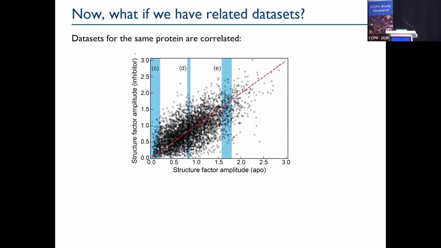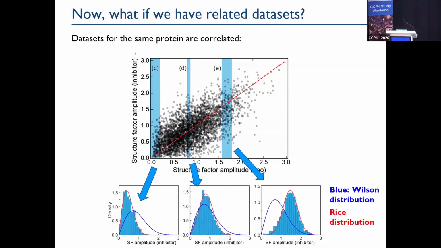So here's a simple example. We have structure factors of a PTP1B crystal in the absence of the inhibitor and in the presence of the inhibitor. And I'm plotting them against each other, and it's obvious that they're correlated to each other, right? So if I take some different bins here for different values of the apo structure factor amplitudes, you can see that it gives a fair amount of information about what the structure factor amplitudes of the inhibitor bound state should be.